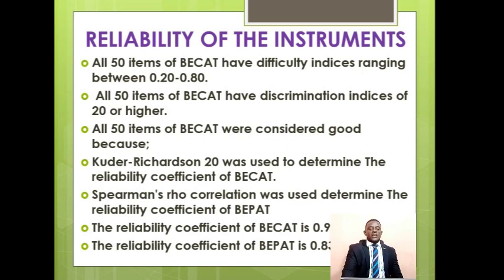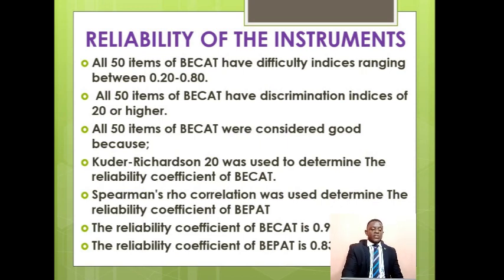So we dealt with difficulty indices, which were between 0.2 and 0.8 for most or all of the items used. And we also checked the items for discrimination indices, and found out that most of the items had discrimination indices of 0.20 or higher.